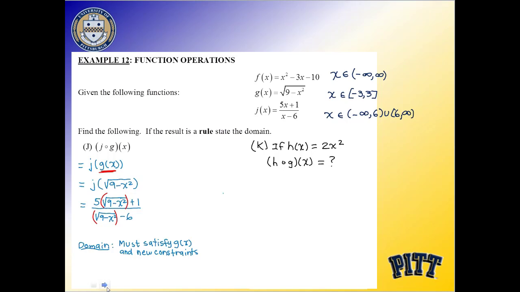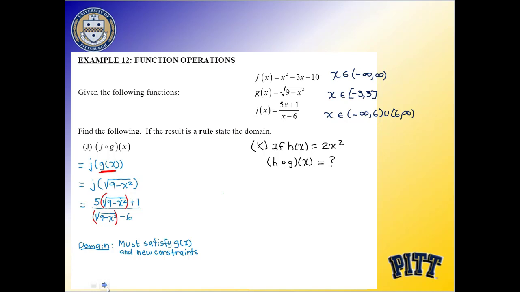I'm using a result from g of x as my input value. So that's going to alter the function in a way that it's also going to alter its possible domain. So what I need to do is look for any possible new constraints. When I look at this one here, obviously I still have the radicals of the 9 minus x squared. So between negative 3 and 3 still is going to need to be done for those. That's what the domain of g of x was, so no difference there.